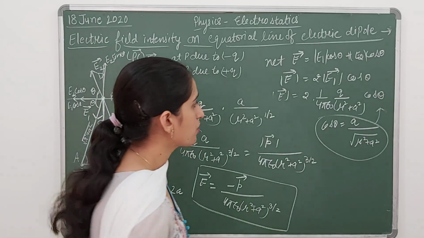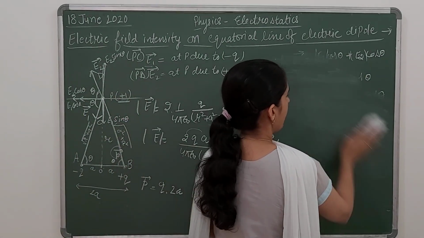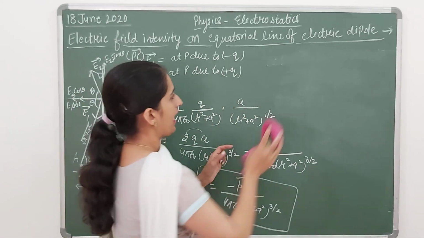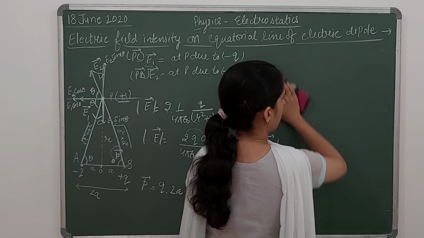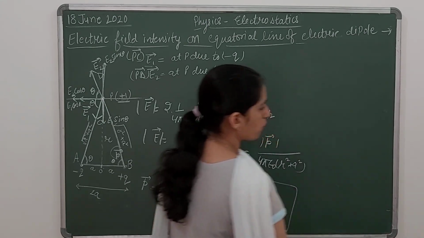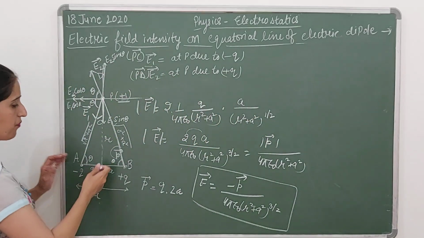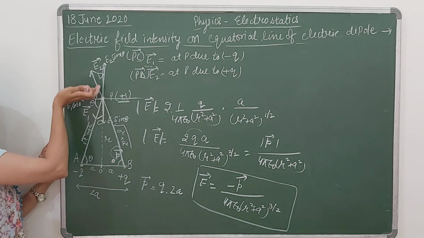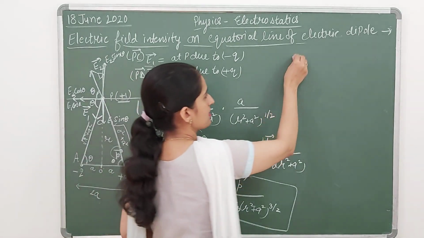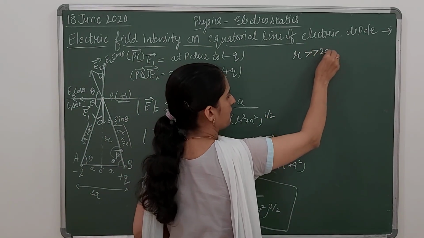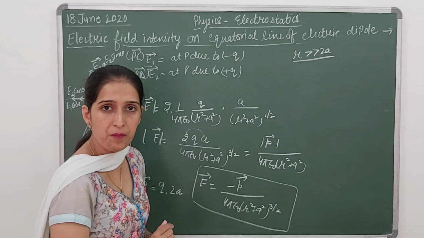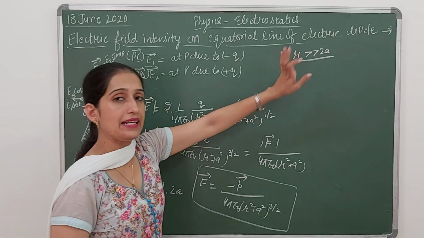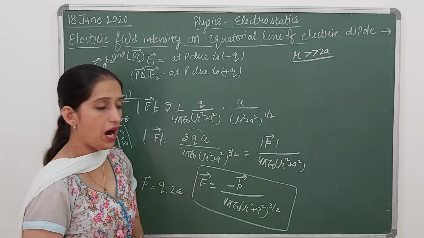Now we are going to discuss one special case, as we have already done in the case of the axial line. We are thinking that if we have a very small dipole or our observation point is very far away from the dipole, that means the condition when r is very much greater than 2a, then a square can be neglected with respect to r square.